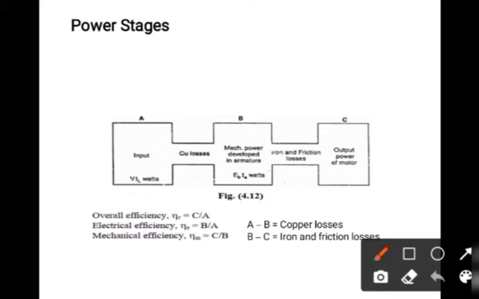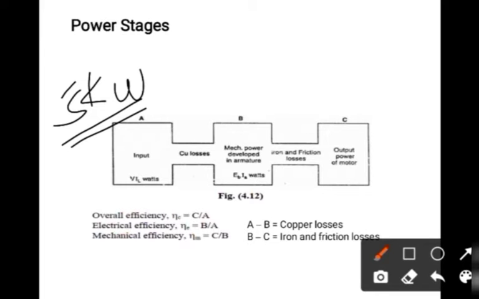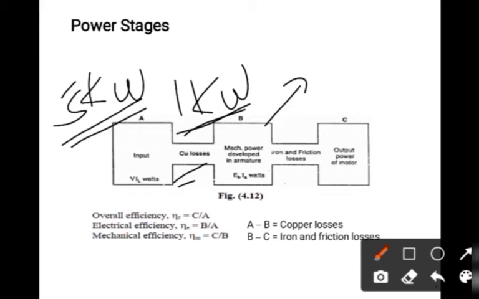Consider this motor is 5 kilowatt, that is, 5 kilowatt is the electrical input. Now consider 1 kilowatt is the copper loss. After overcoming the copper loss, the remaining power available to the armature is 5 minus 1, we get 4 kilowatt.